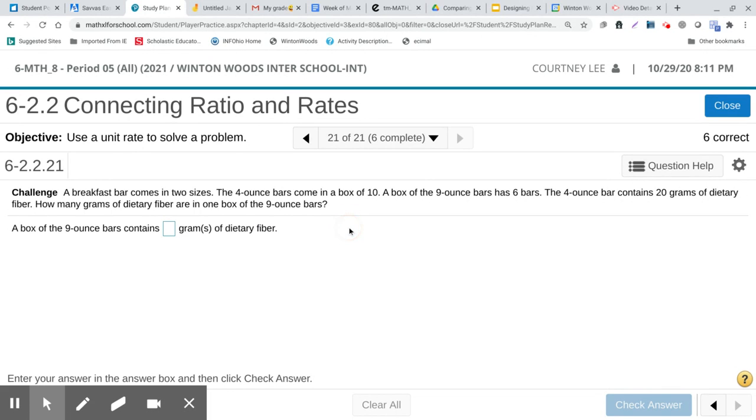Okay, so I need to find the 9-ounce bar and dietary fiber. How can I find that? Here it is. A box of the 9-ounce bars has 6 bars in them.